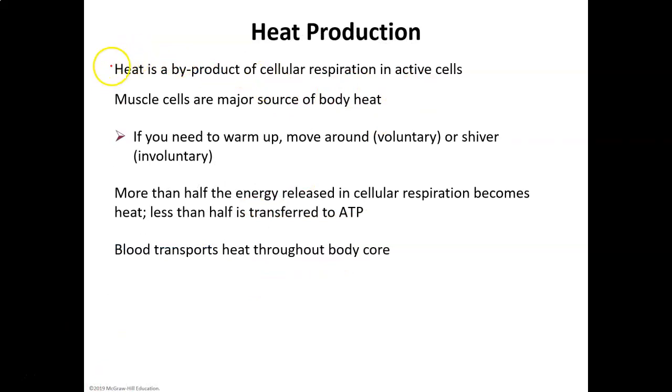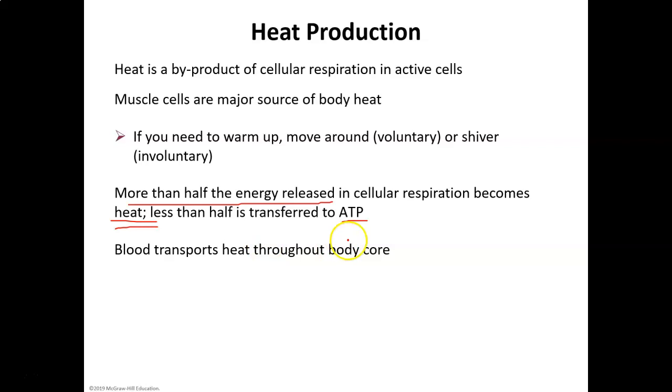So bits and pieces here. One of the things to remember about muscle metabolism, or the cellular metabolism that goes on with contracting muscles, is heat is a byproduct. Now it turns out, as it says down here, more than half of the energy released in cellular respiration becomes heat. More than half. Less than half is transferred to ATP. So that means if you're moving around, you are using ATP.